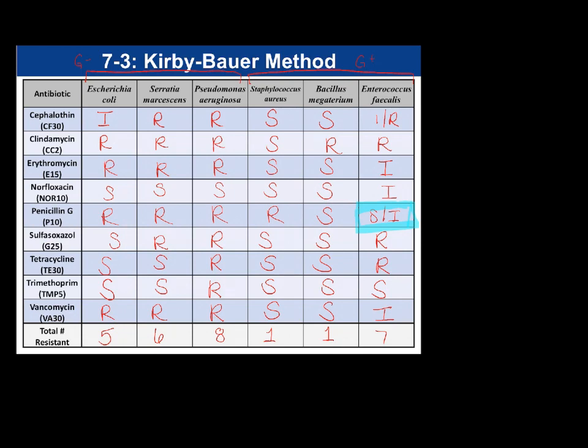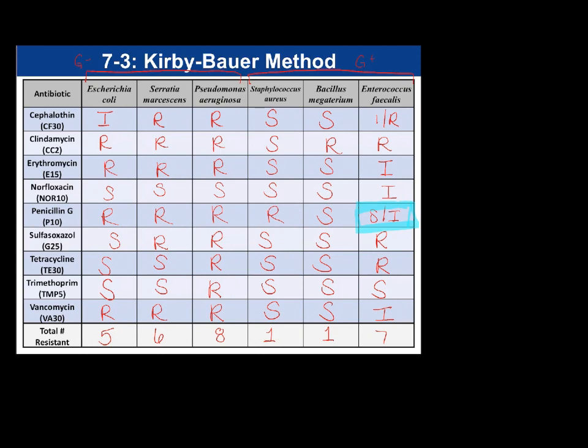So yes, you have to use what works. An argument against, I've had students say, well, if it's showing intermediate, then we should use a drug that is more active, that the organism's more sensitive to.